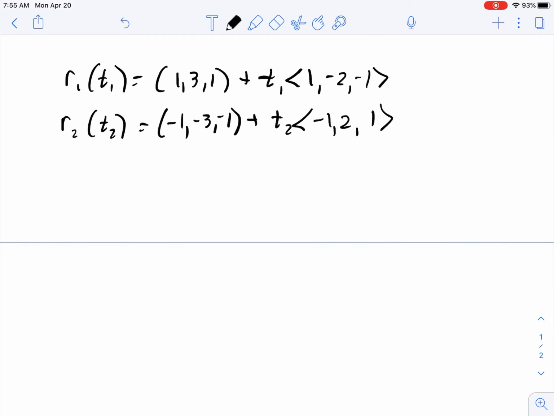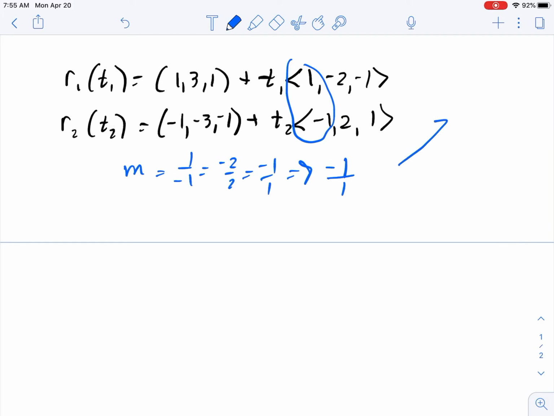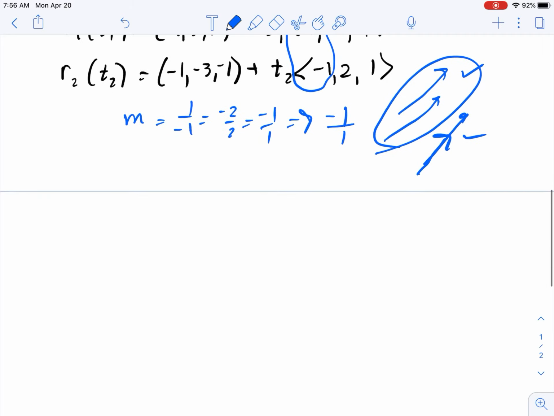All right, so again, let's check my slopes. If you look here, we have 1 over -1, -2 over 2, -1 over 1. So they all imply a slope of -1 of some form. Again, you've got the two different combinations, either this one or one on top of the other one. So actually it's going to be this scenario here, because we just did the other one.